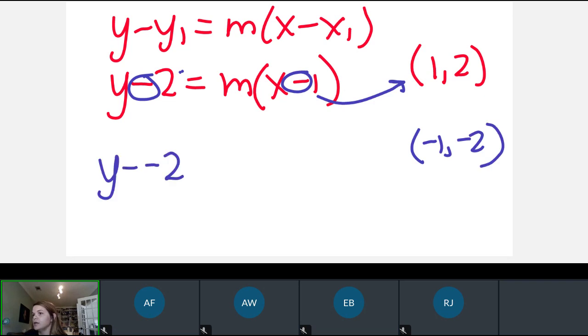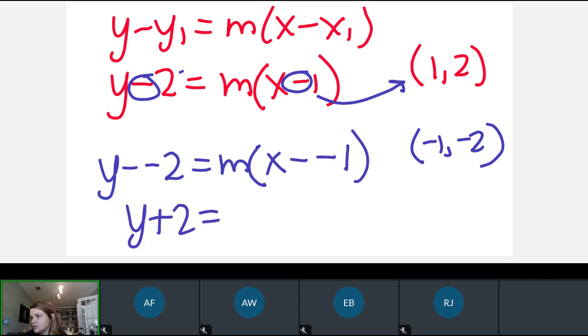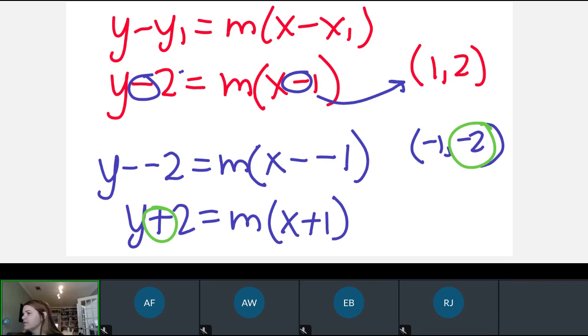Now that would be where it becomes a plus sign. So this would be y plus 2 and x plus 1. If you see a plus sign, that means your y value is actually negative. Does that make sense? So you've switched up your positive and your negative.